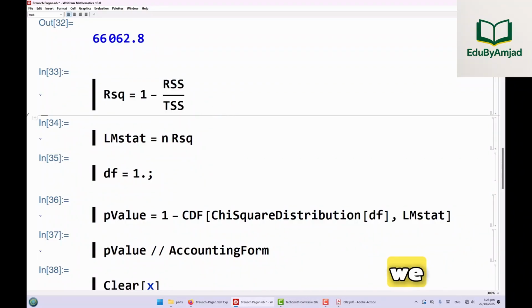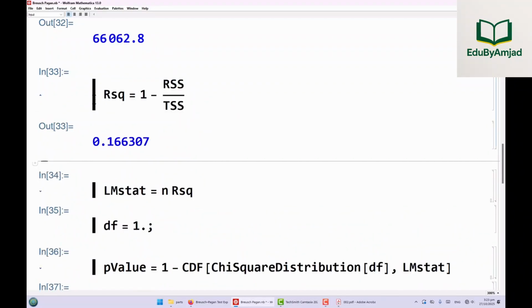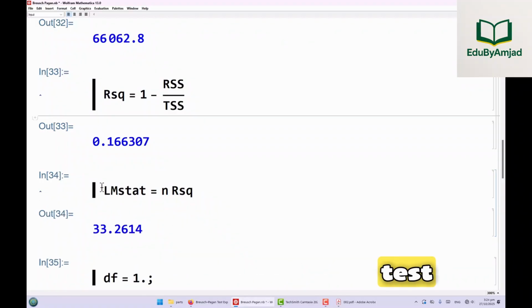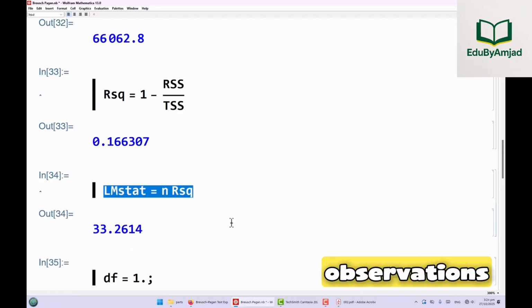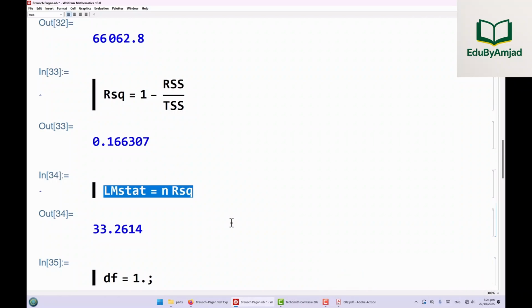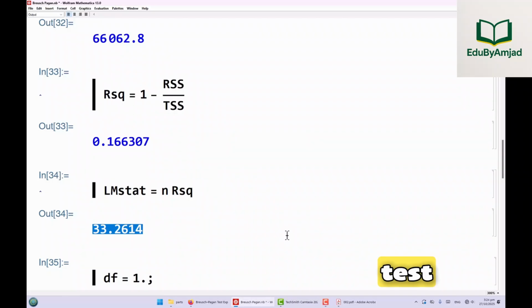From these, we obtain r squared. And then the test statistic, n times r squared, where n is the number of observations, 200. The computed test statistic is 33.26.